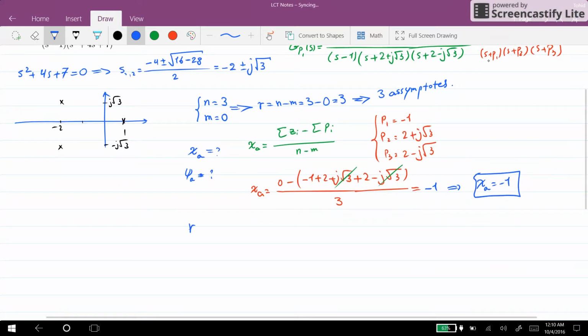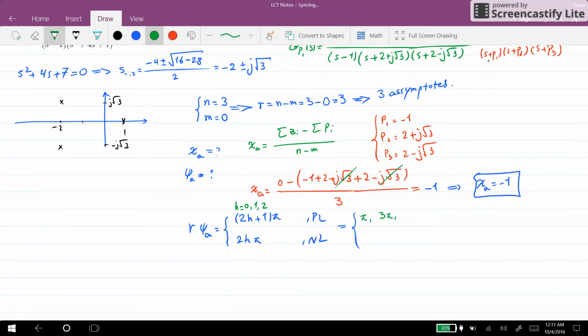To find the angles of the asymptotes, we have r times the angle equal to (2h plus 1) times pi for the positive locus and 2h pi for the negative locus. And r is equal to n minus m, which is 3. Since here we have 3 asymptotes, we will use h equal to 0, 1 and 2, and therefore, replacing h with those values, we will have pi, 3 pi and 5 pi for the positive locus, and 0, 2 pi and 4 pi for the negative locus.